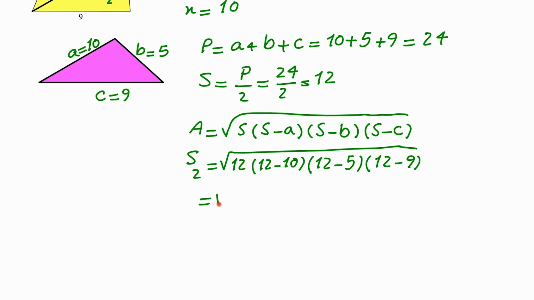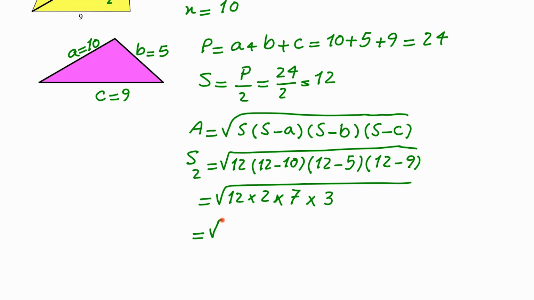So we have 12 times 12 minus 10 is 2, 12 minus 5 is 7, and 12 minus 9 is 3.